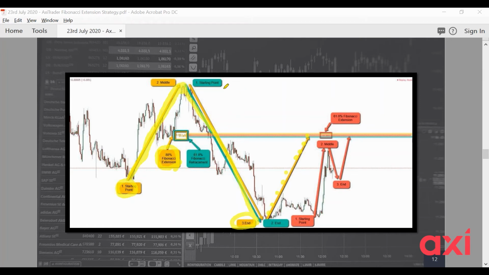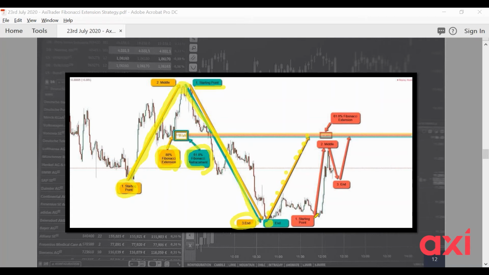Now we do a simple 88% Fibonacci extension. We got a starting point over here, all the way to an ending point over here, and we find a 61.8 Fibonacci retracement as indicated by the teal highlighted area.